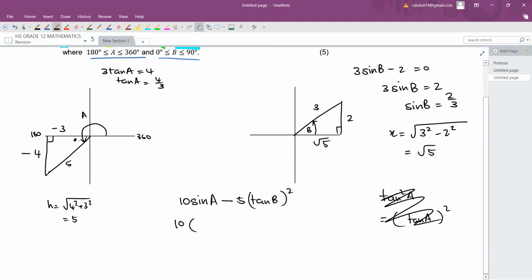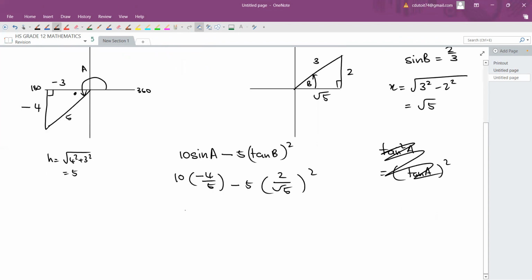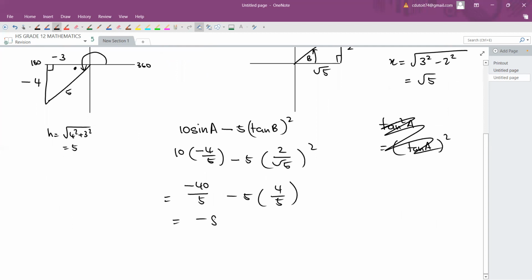Sin is opposite over hypotenuse, minus 5, and I use the B triangle for tan. Tan is 2 over root 5, squared. So that is minus 40 over 5, minus 5 times 4 over 5. So that is minus 8, and those two cancel, minus 4. So I get an answer of negative 12.